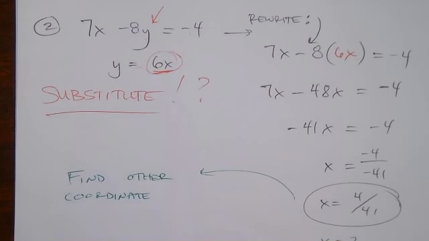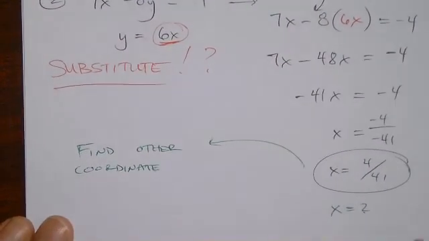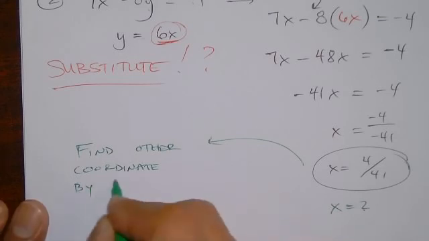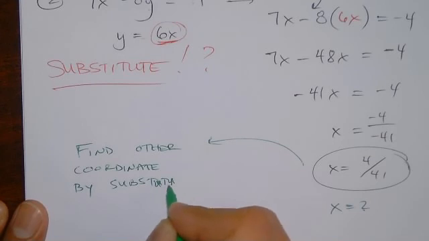You guys see that? If x is 2, then I put it here and I get y is equal to 6 times 2 and I get that. Yeah, I was hoping it would be a nice answer, but it gave me this fraction. Substitute other coordinates. So find the other coordinate by substituting again, right?